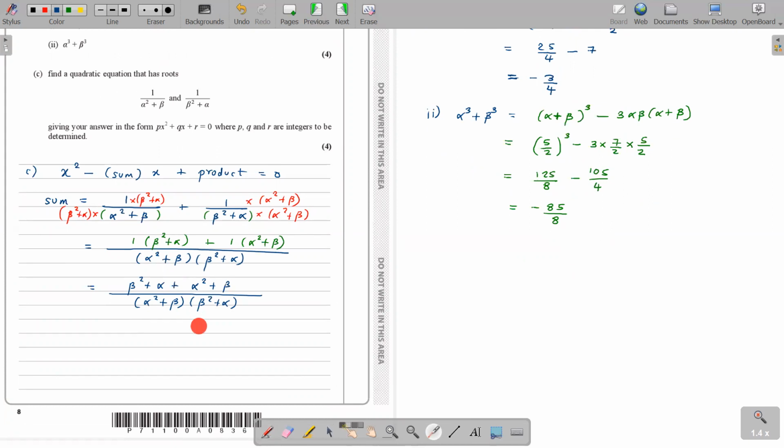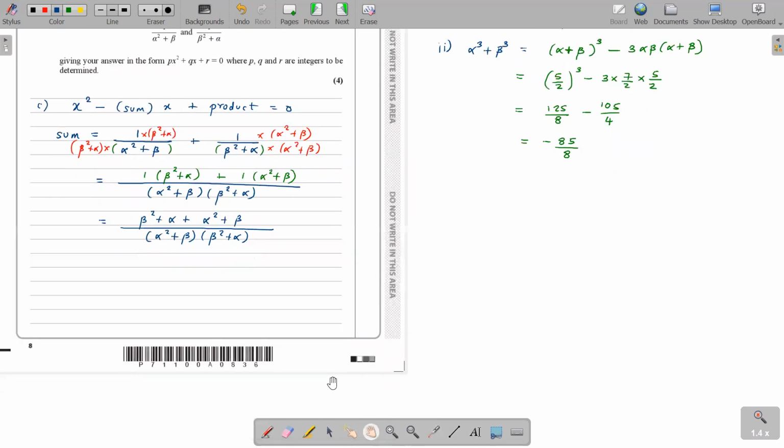Normally in denominators we do not open brackets, but here, because we do not know the individual values of alpha square plus beta or beta square plus alpha, you better open the bracket in the denominator. In the numerator, I can rearrange: alpha square plus beta square together and alpha plus beta together.